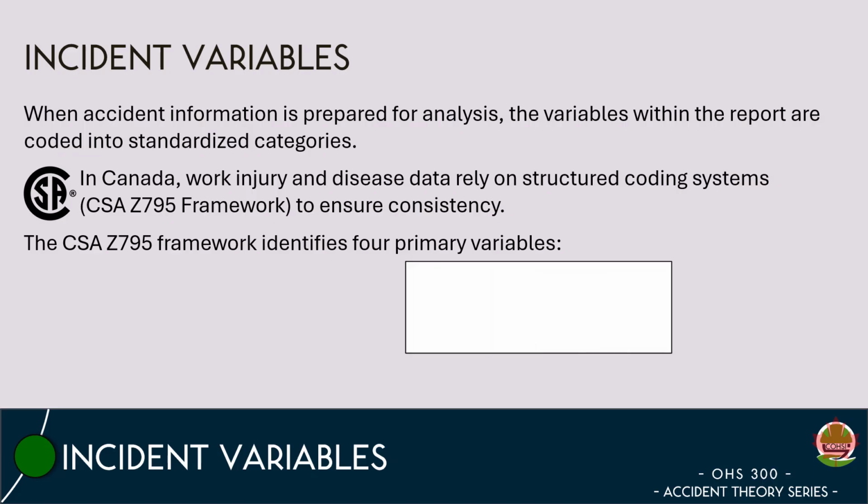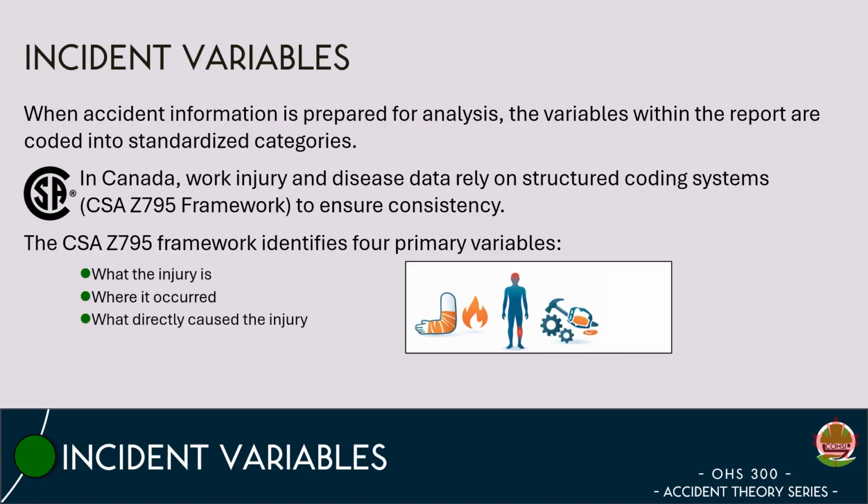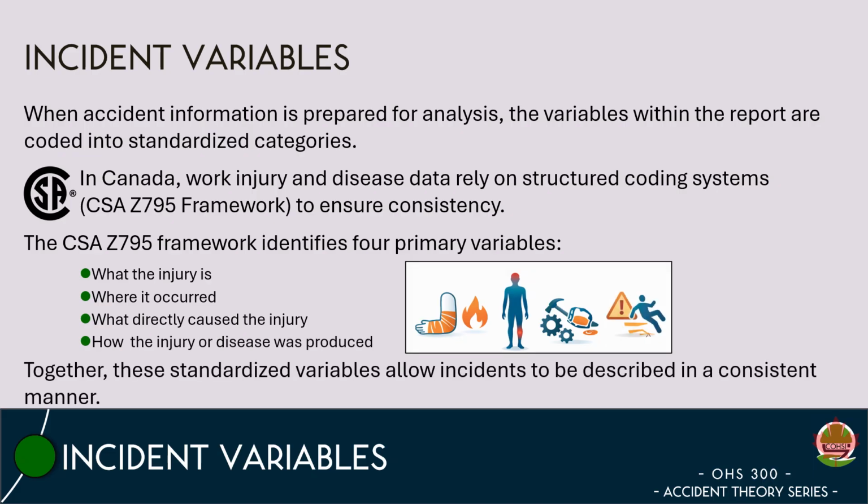These variables focus on what the injury is, where it occurred on the body, what directly caused it, and how the injury or disease was produced. Together, they provide a standardized way of describing incidents that allows information from many different workplaces and industries to be compared and analyzed.